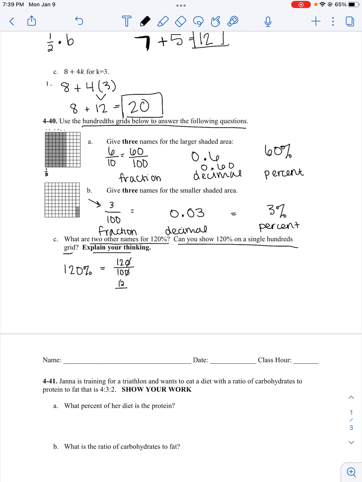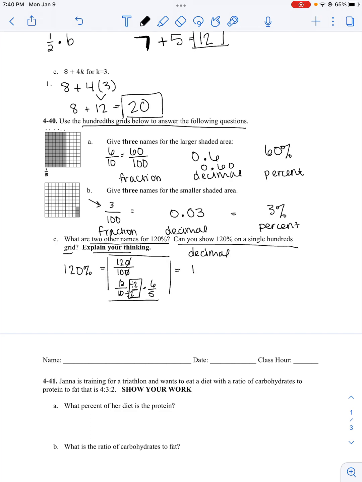I could also simplify and say, well, it's 12/10. I could simplify further because I can see that 2 goes into each. So I can use that giant 1. 12 divided by 2 is 6. 10 divided by 2 is 5. Those are all equal to each other.